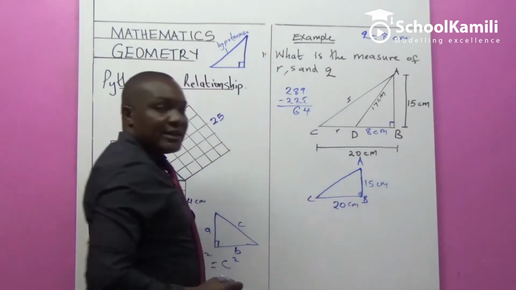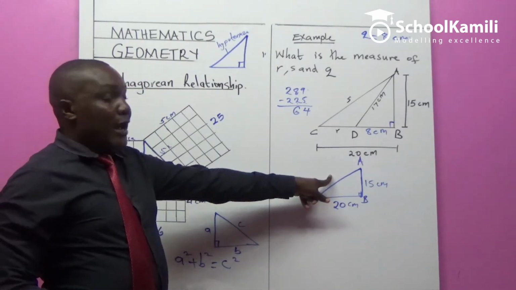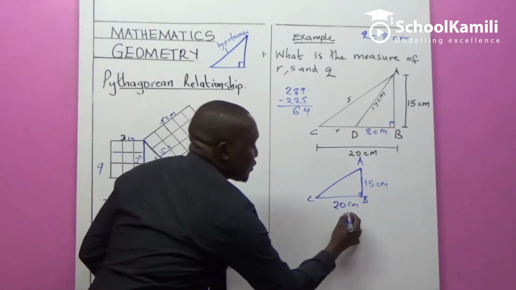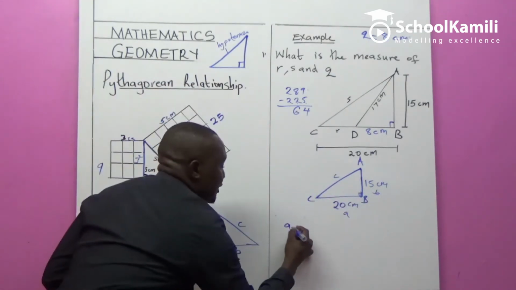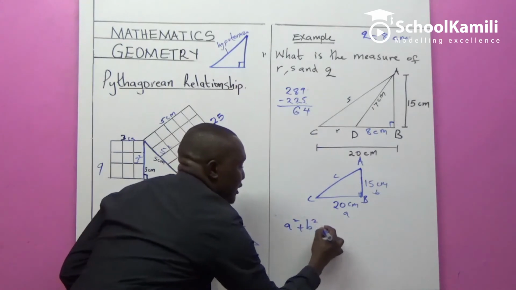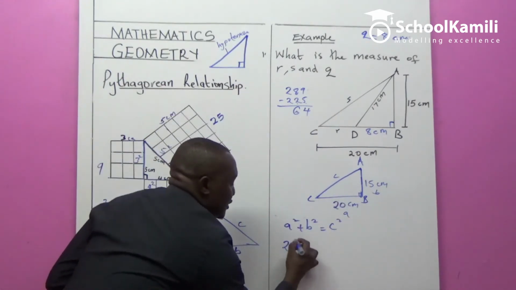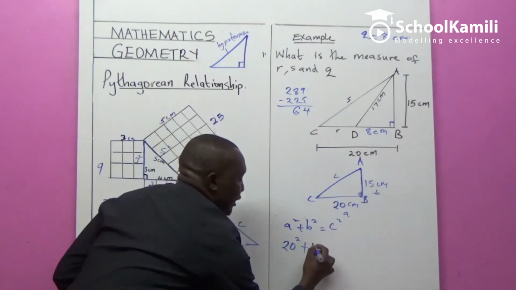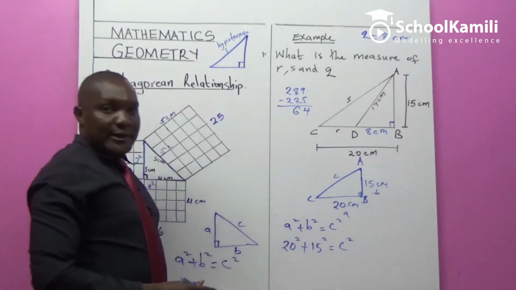Remember, this is the right angle. So automatically we want to look for the hypotenuse. So we can call this one A, B, and our hypotenuse C. So A squared plus B squared should be equal to C squared. Our A is 20 squared plus our B is 15 squared should give us C squared.